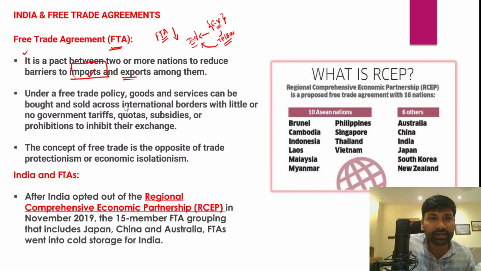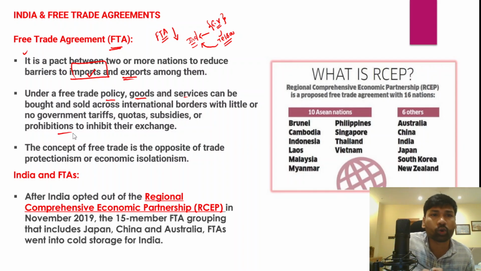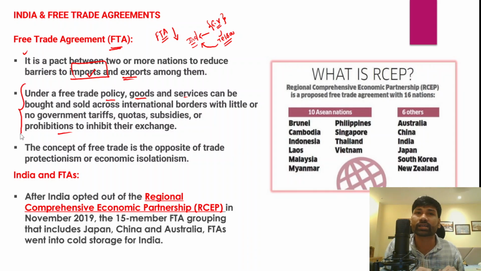So under the free trade policy, goods and services can be bought and sold across international borders with little taxes or no government tariffs. There will be no quotas, no subsidies, no prohibitions to inhibit their exchange. That essentially means a free flow of goods and services across international borders between two countries, which is known as the free trade agreement.